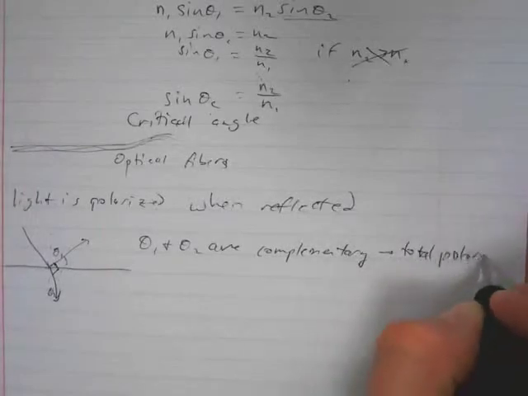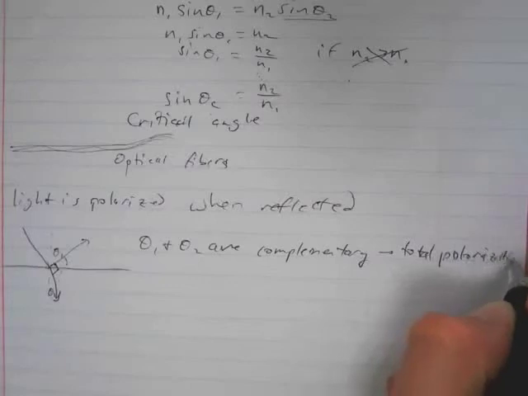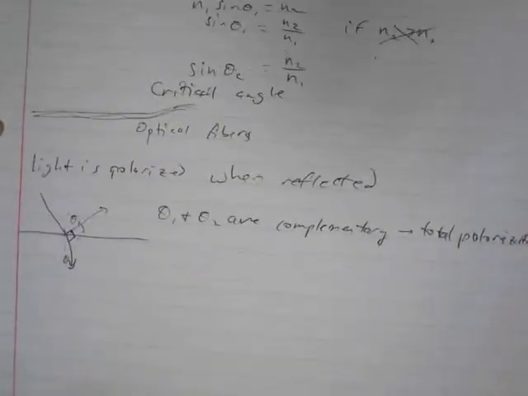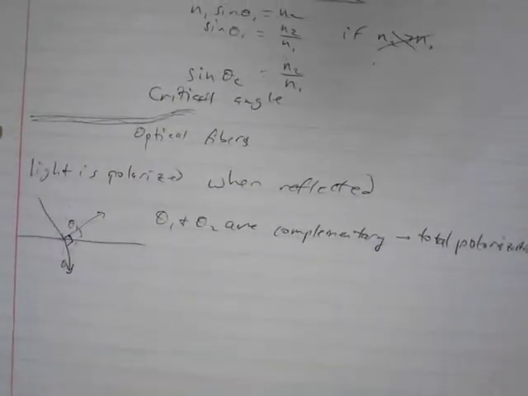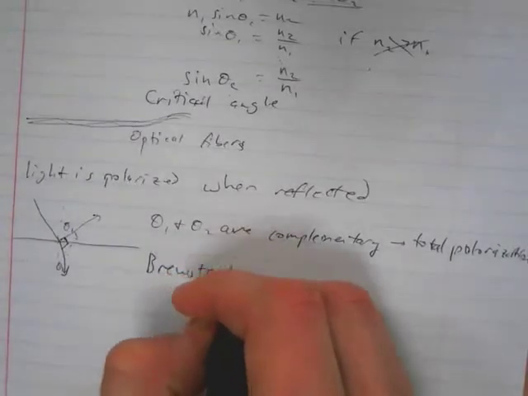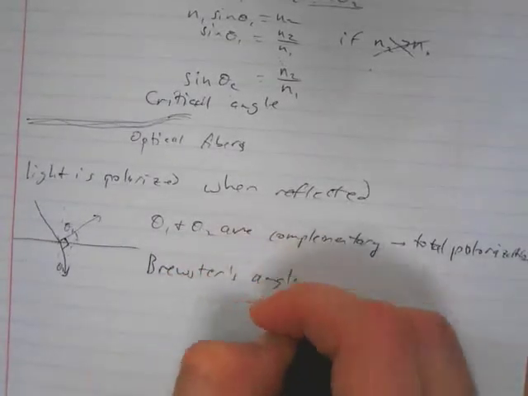I'm not giving you a mechanism, a reason that it happens that way. If you want, you can go back and look at what I said about reflected light polarizing, and in that context, I think it'll make sense. So the angles of incidence and refraction are complementary, and that's called Brewster's angle, named after a guy named Brewster, I guess.